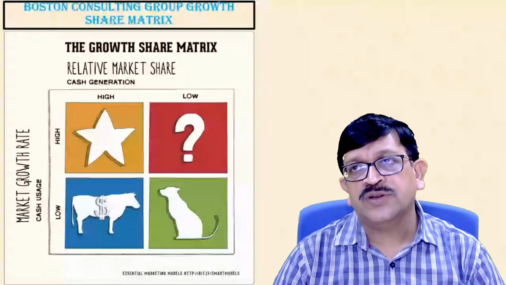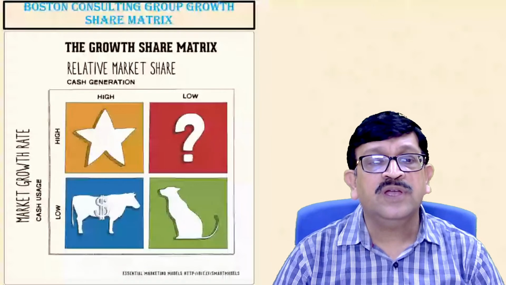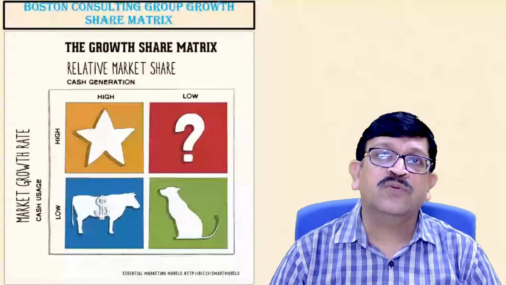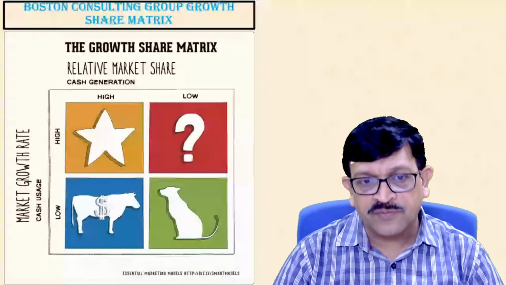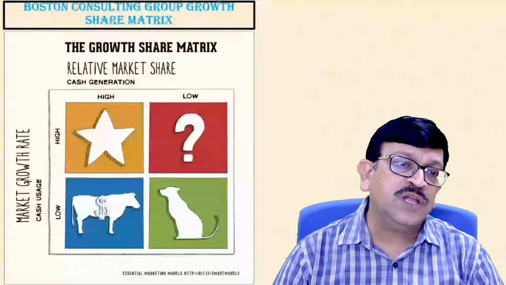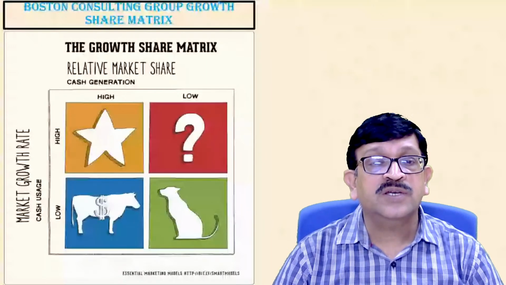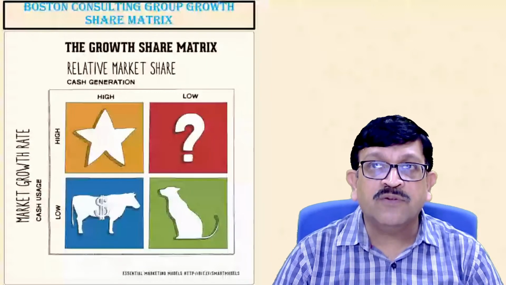It is a cash generating situation, so that's what is called a cash cow. But it will not be the story going forward if you stay with this product for a longer period of time, because it might eventually lose out on the market growth rate, and the market share might drop because of the falling growth rate.